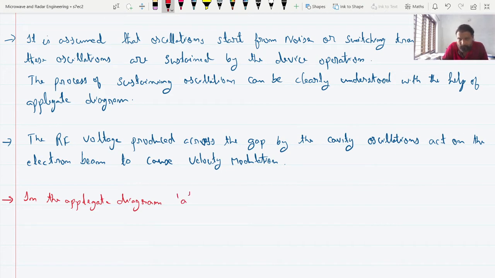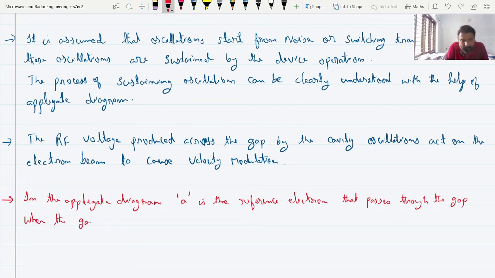A is the reference electron that passes through the gap when the gap voltage is zero, and it is going negative.